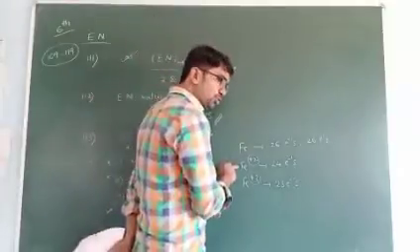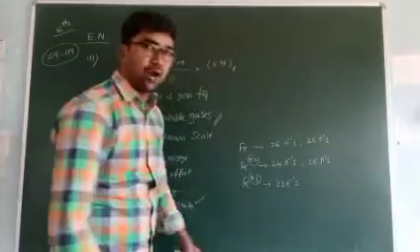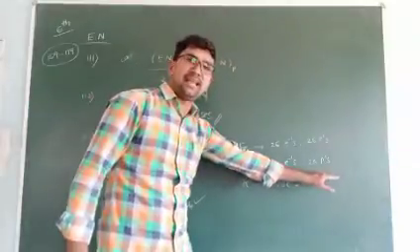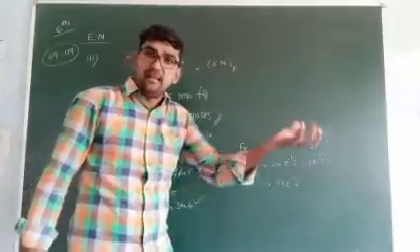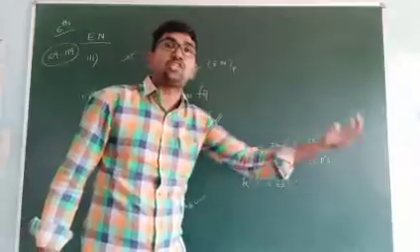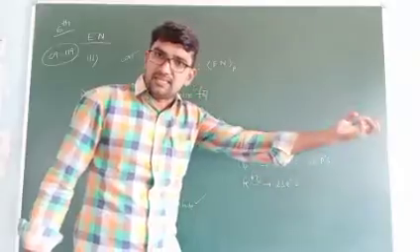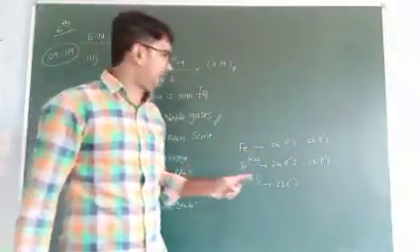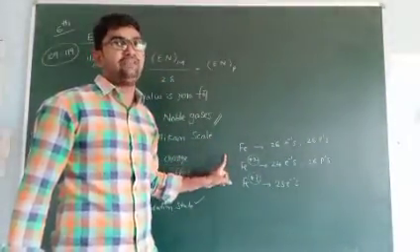But in Fe plus 2, inside the nucleus 26 protons are present, but outside 24 electrons are present. So the number of protons is greater than electrons, which means the nuclear charge increases. The protons attract the electrons towards the nucleus. That's why the atomic size decreases compared with iron.